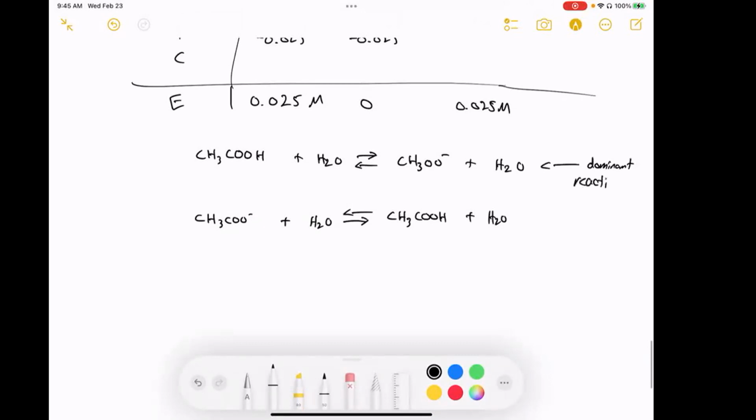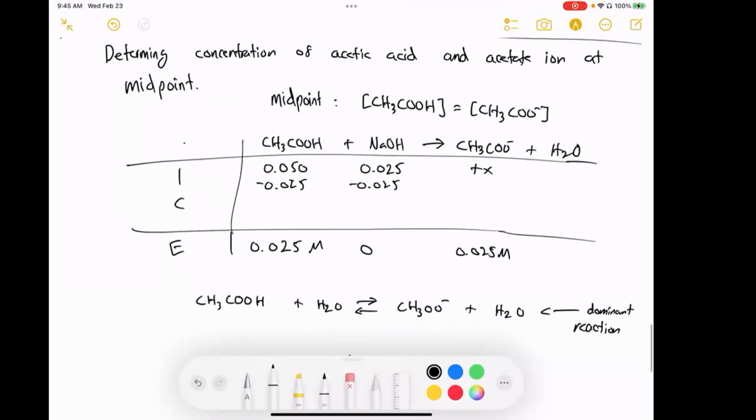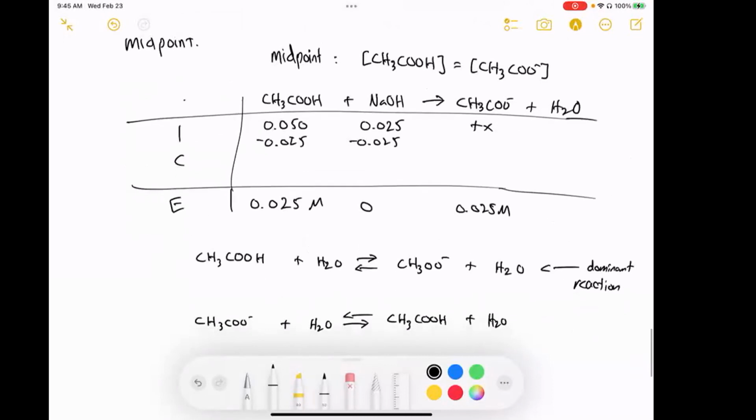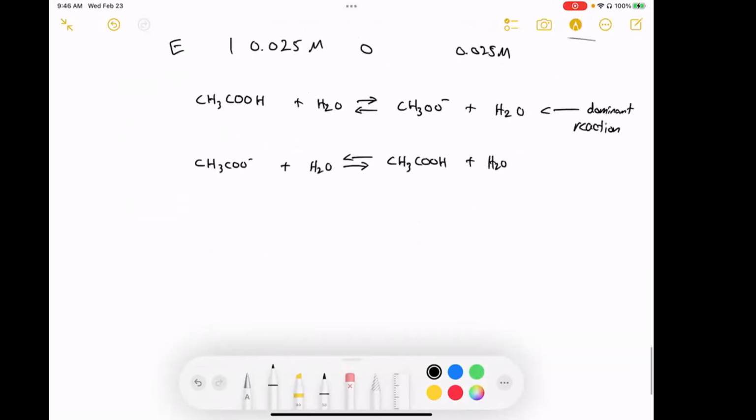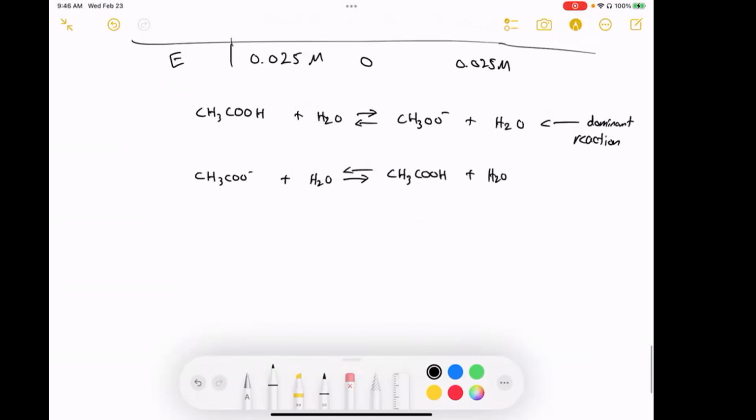And then to figure out the concentrations at the midpoint, you have this first reaction going on, but you establish more acetic acid still in solution and acetate. So you have to go a step further, and usually the concentration will be determined by this reaction, where you find the pH.